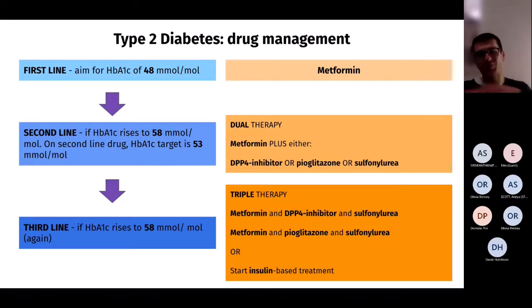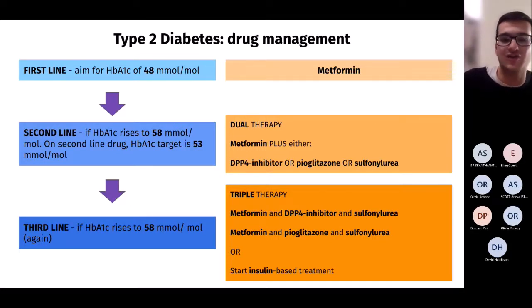If you put them on metformin and their HbA1c rises to 58, we add a second drug. And on this second line drug, we're trying to keep the HbA1c at 53 rather than 48. I think that's partly because of the risk of hypoglycemia. So we actually don't want their blood sugars to be too low. So we're raising the target.